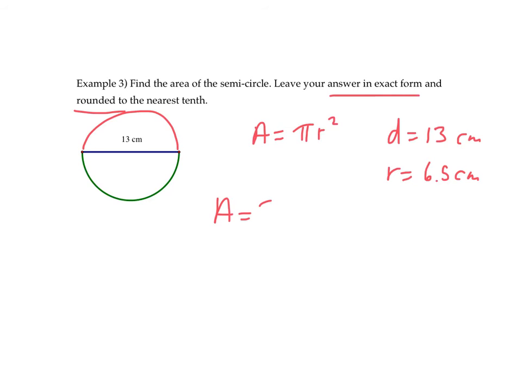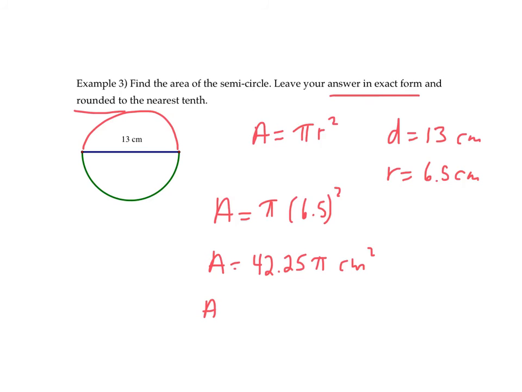So the area would be pi times 6.5 squared. So the exact area would be 42.25 pi centimeters squared, because 6.5 squared gives you 42.25. Then we have it in terms of pi. So that's exact. That's for the whole circle.